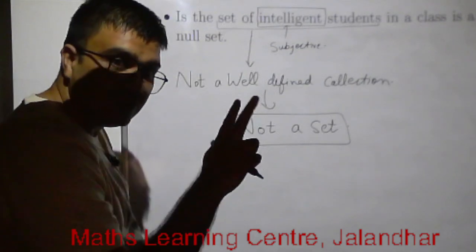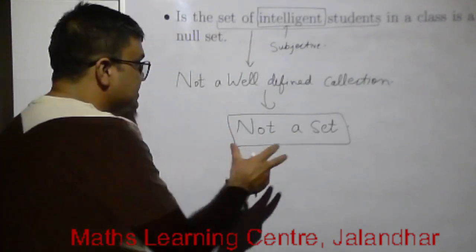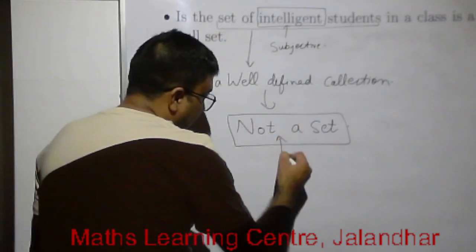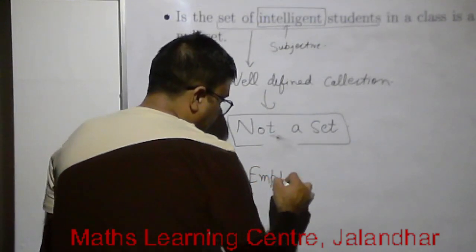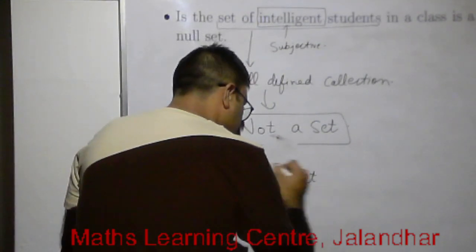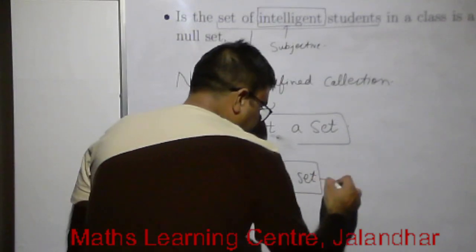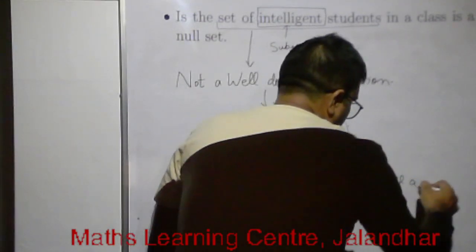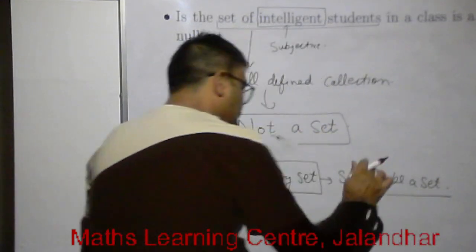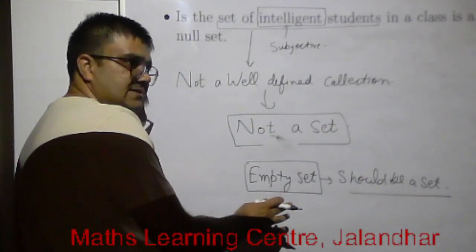So we are having two different things now. One is not a set, and another thing that we have is the empty set. For a set to be an empty set, first of all it should be a set, then we will say it is an empty set.